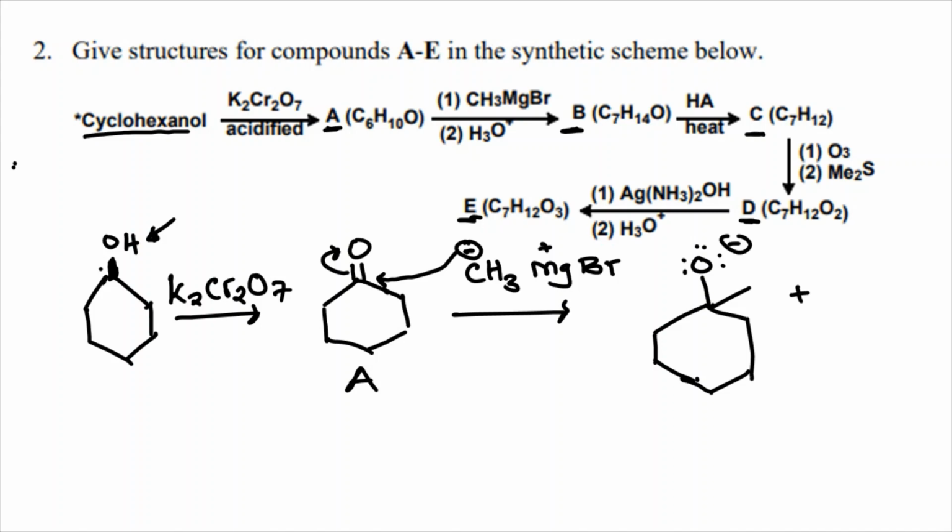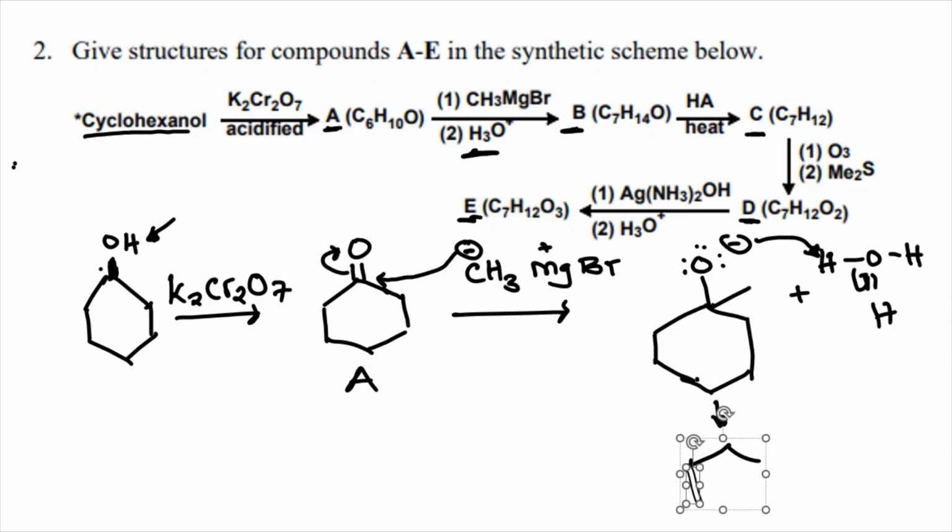Now remember, we also have an acid in solution. So this acid will produce a hydrogen ion that the negatively charged oxygen is going to get. So what you're going to produce at the end of it all is this compound there.